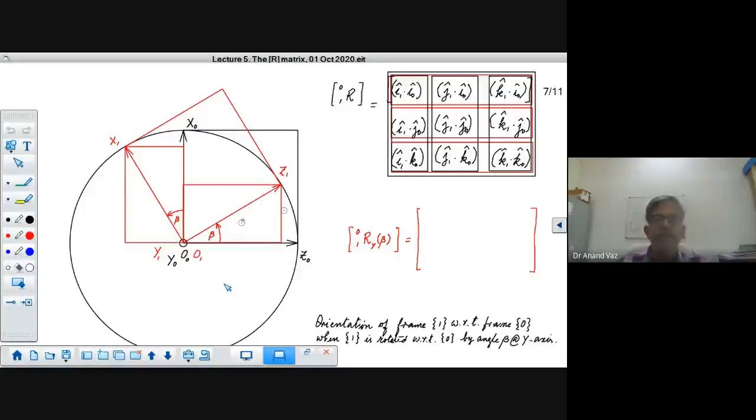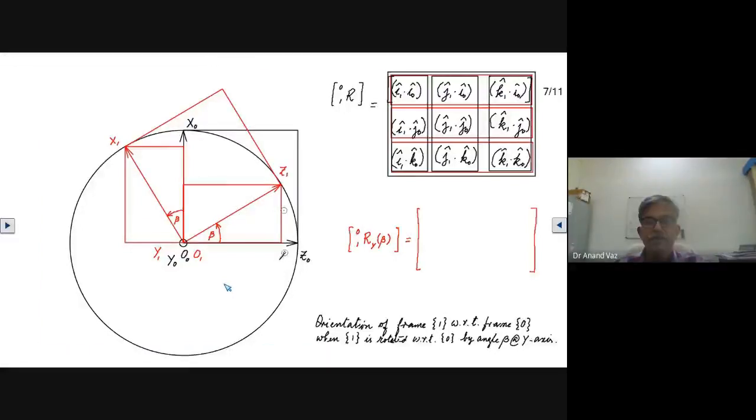And then let us identify the unit vectors. This is going to be the unit vector k0 because it's the z-axis. This is going to be the unit vector i0 because it's along the x-axis. In the same way, we will also have the unit vectors.